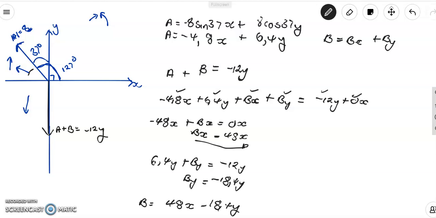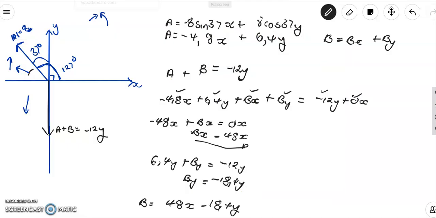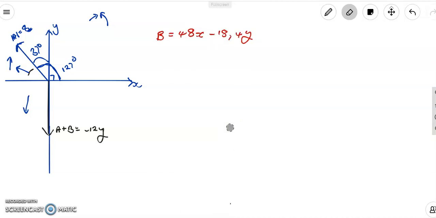Is that what they want? Let me check the question again. What are the magnitude and direction of B? They want the magnitude and direction of B. Okay. Let me erase what isn't needed. So firstly, I'm going to calculate the magnitude of B. We know that the magnitude of a vector is the square root of the sum of the squares of its components.